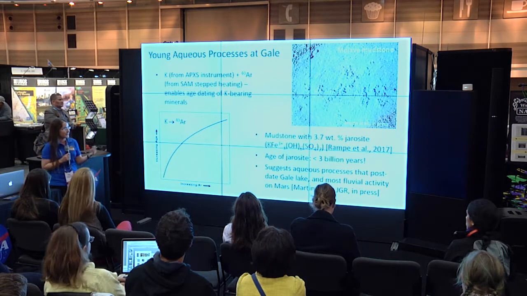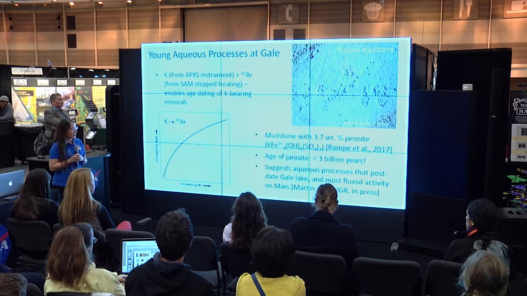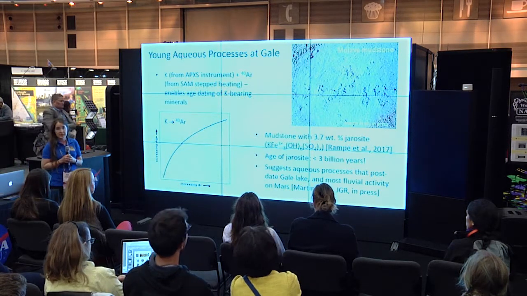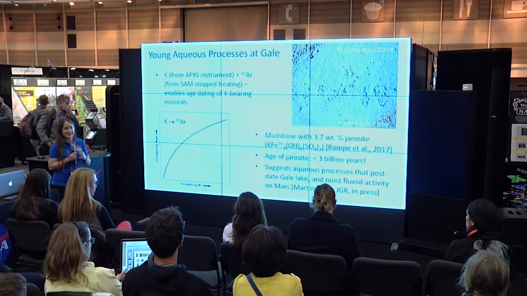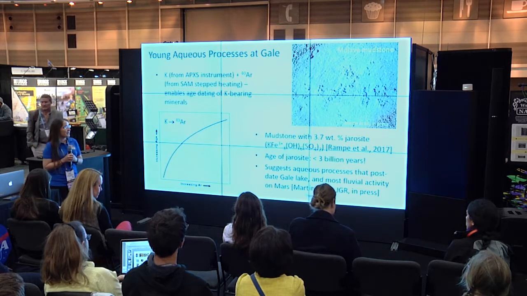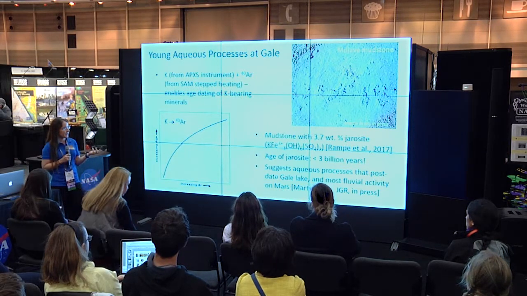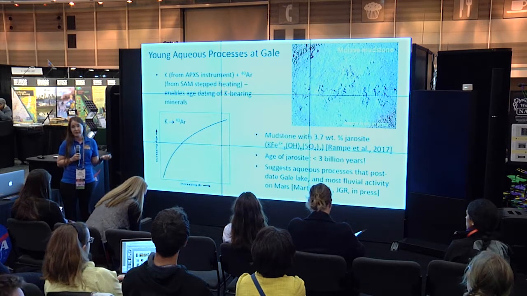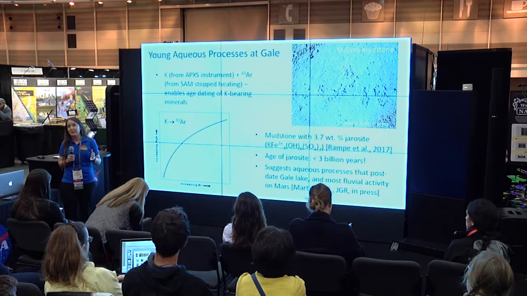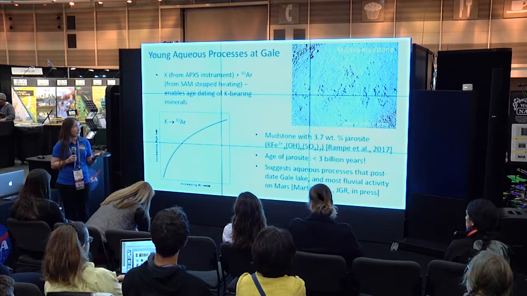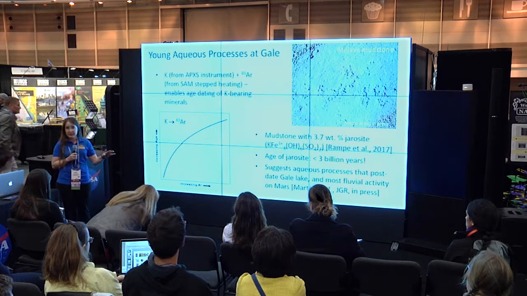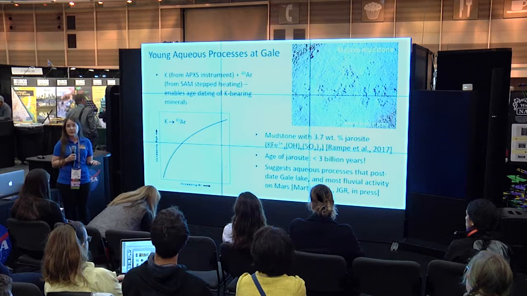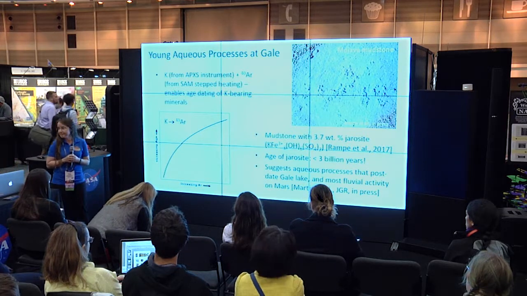And actually, for those details, I refer you to a paper by Peter Martin et al., which is in press in JGR, and also Peter Martin's around here somewhere. But the upshot is that the age of this jarosite is very likely less than 3 billion years old, which sounds old, but it's really young for Mars for fluvial activity. That would postdate the lake we think was in Gale crater and most fluvial activity on Mars.